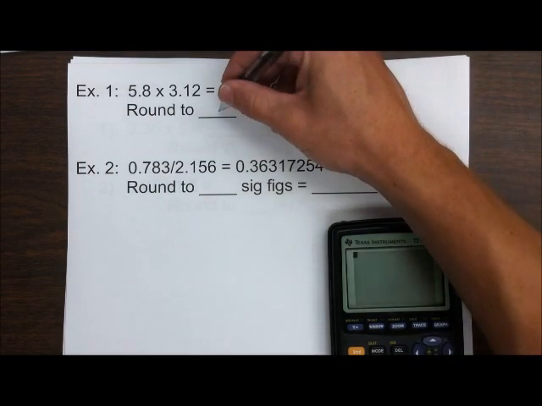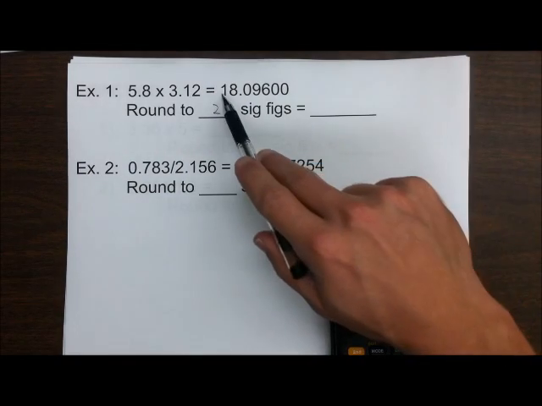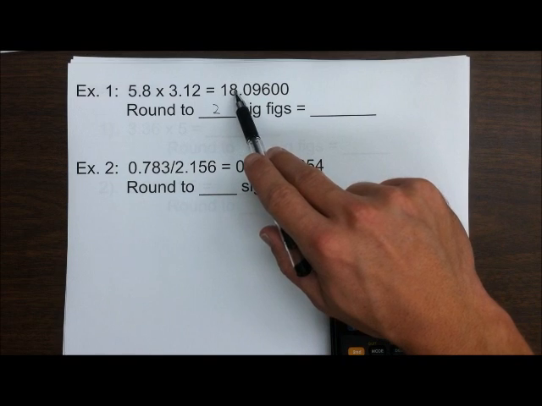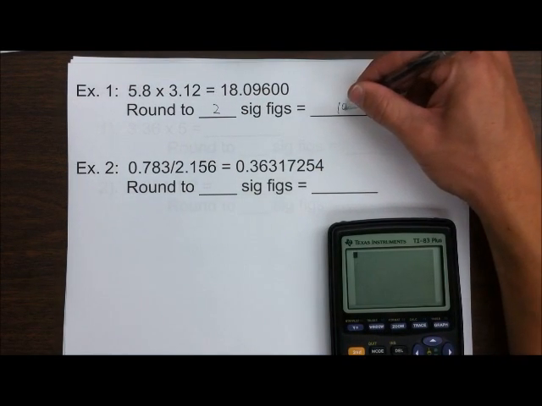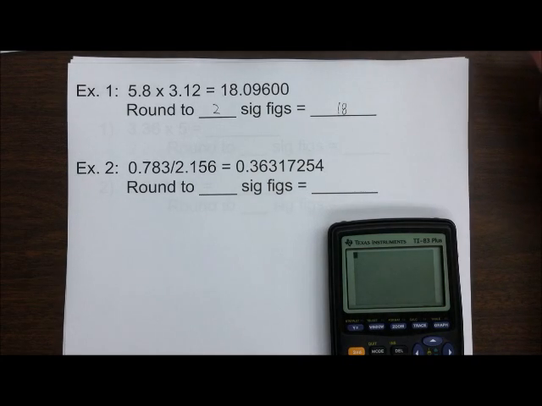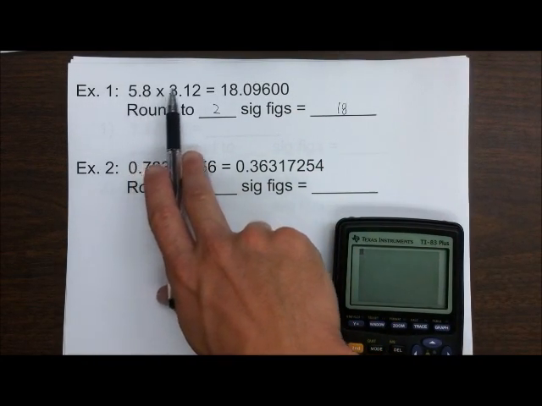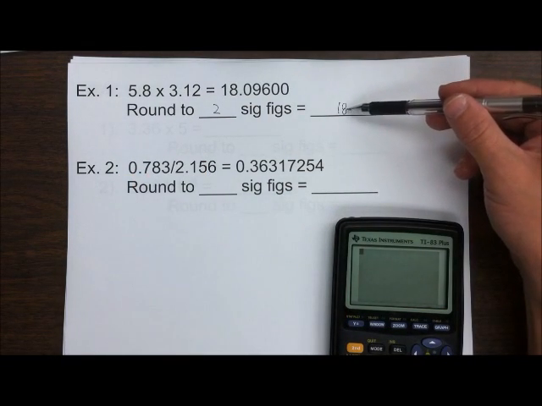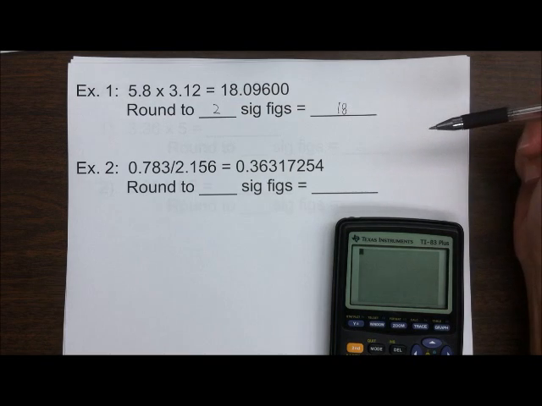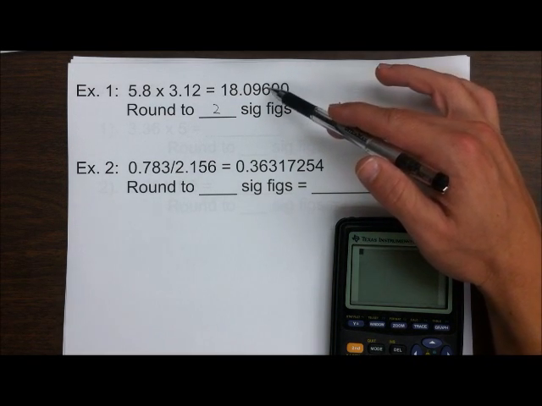So in rounding to the least, we're going to count 2 sig figs, meaning the 1 and the 8, and then we stop there, and the 0 means that it stays as an 8, so 18. Even though we have these numbers here, based upon the accuracy and precision of our measuring devices, we can only be sure of these 2 sig figs. Anything else is going to be technically incorrect.